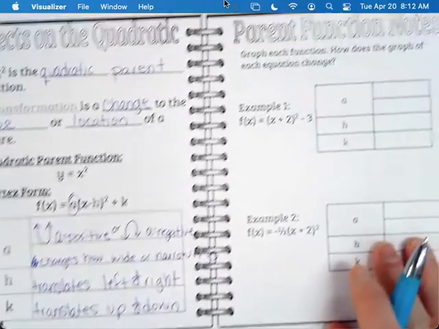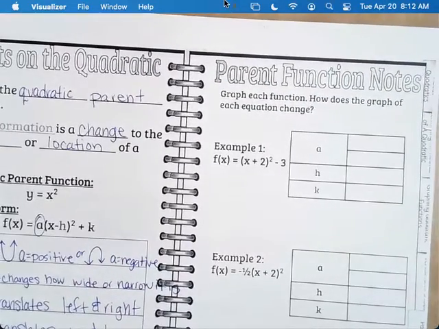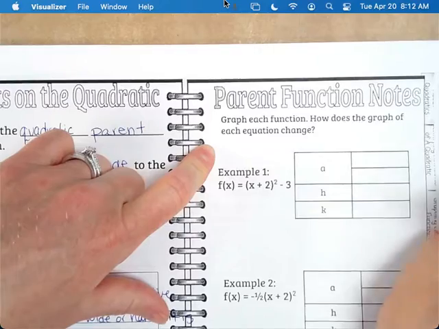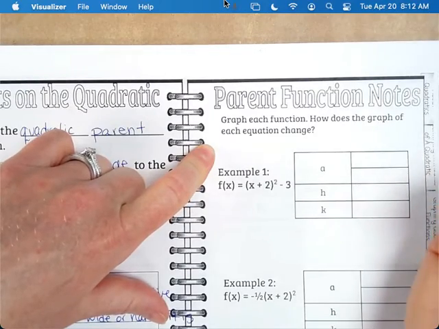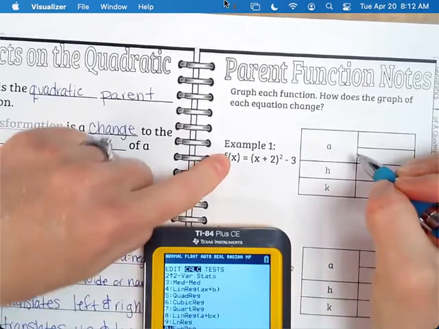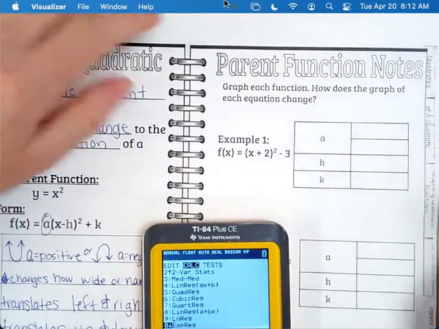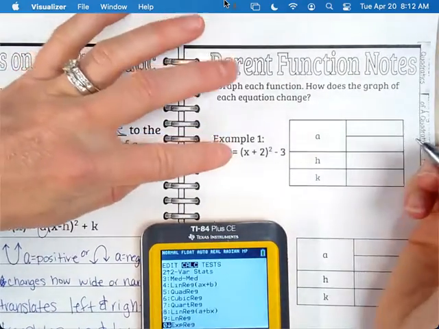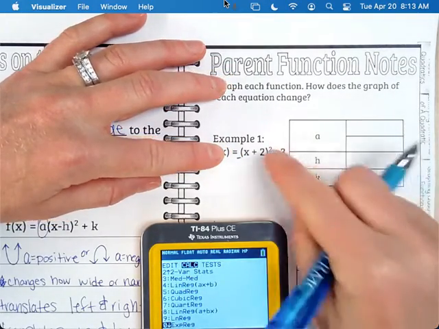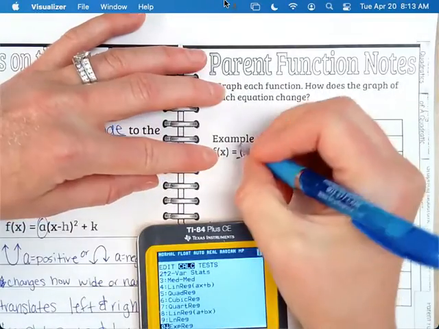All right, so what we are going to do is graph each of the functions, identify the a, the h, and the k, and then determine how the graph is changed. We are going to compare it to y equals x squared. So let's first identify what the a is. What is the a value? What would be out front? Not 0, because that would make it go away. It's going to have to be 1.